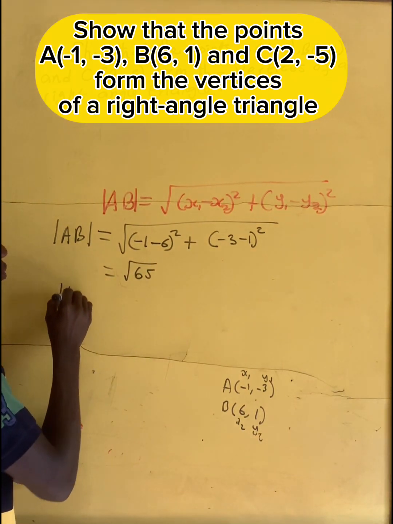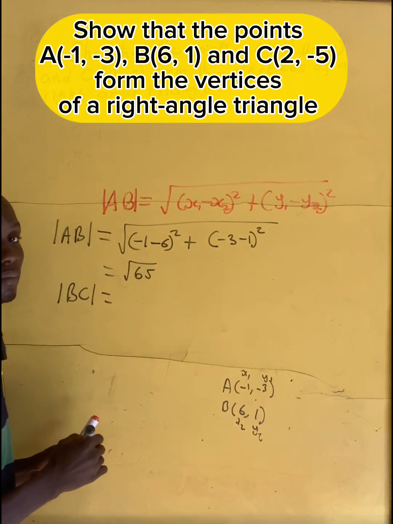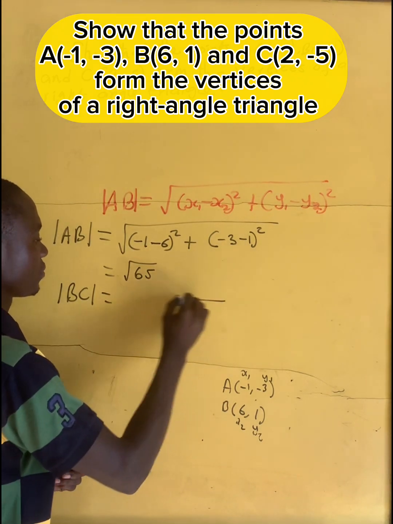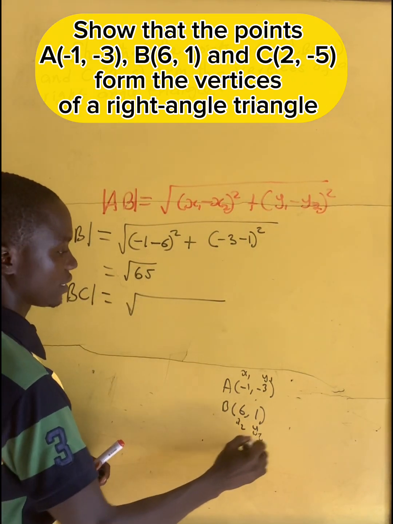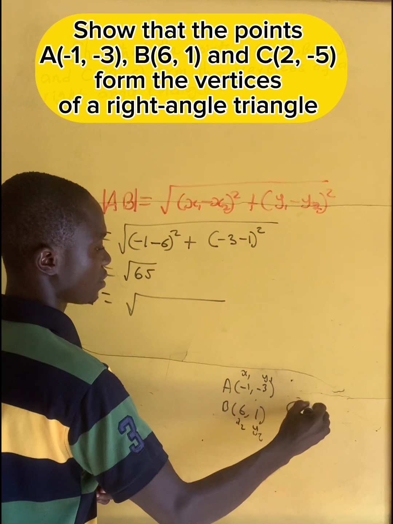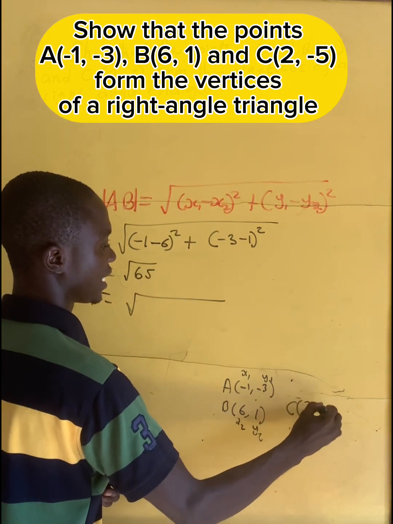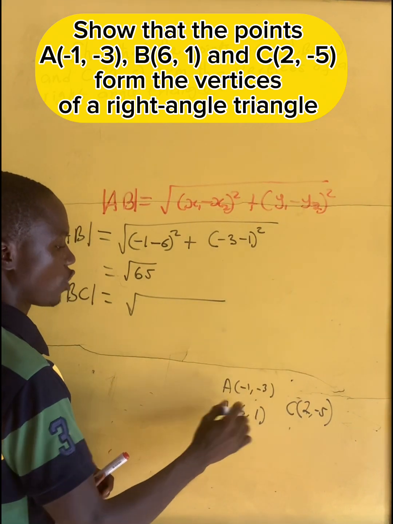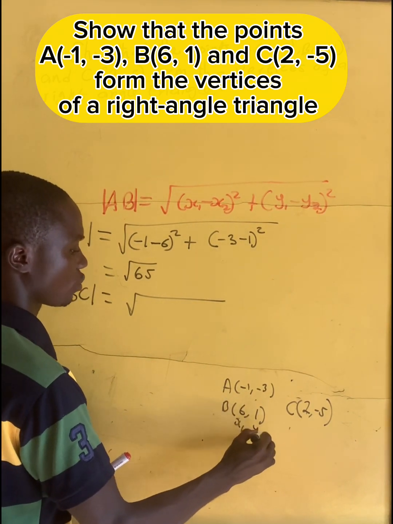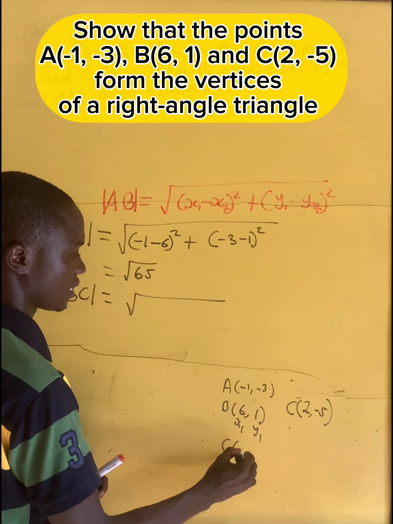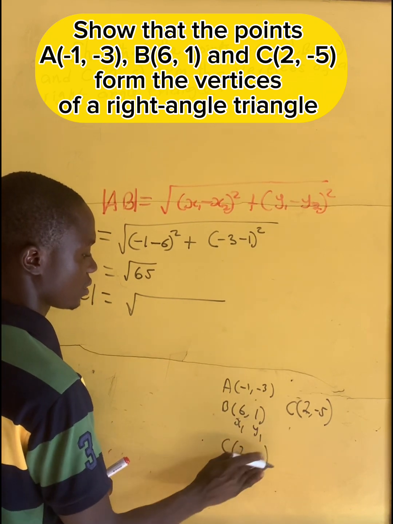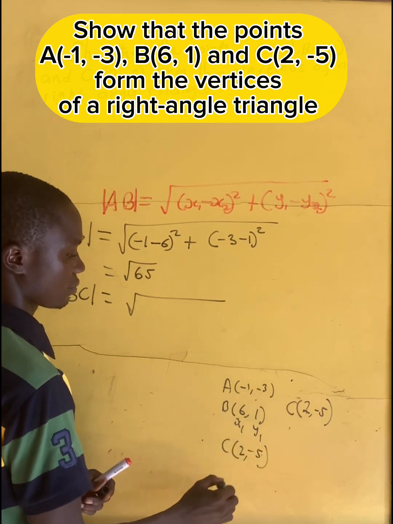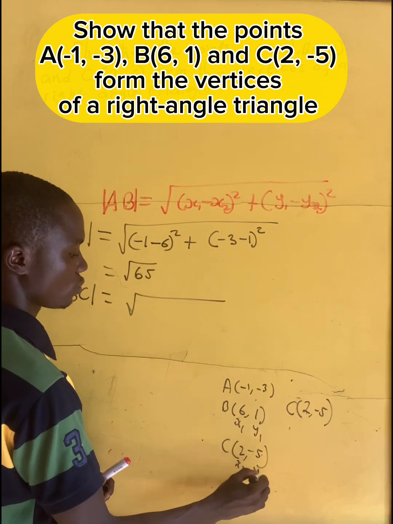Then let's do BC. So C is 2, -5. Let me clean this off. Once we are on BC, we name here x1, y1. Let me bring C here, x2, y2.